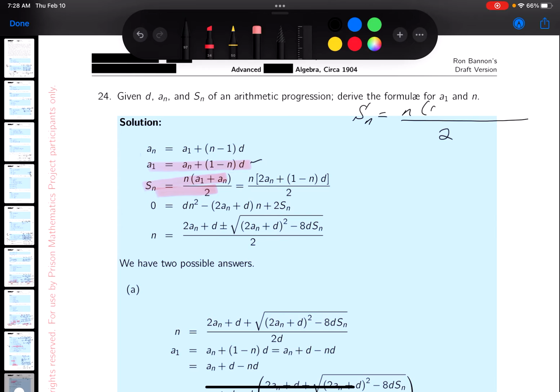It's really AN plus 1 minus N, D, and then it's going to be plus AN. Well, if I were to simplify that, and again, we're just talking through the notes as if I were studying. There's going to be N, then you get 2AN plus 1 minus ND.